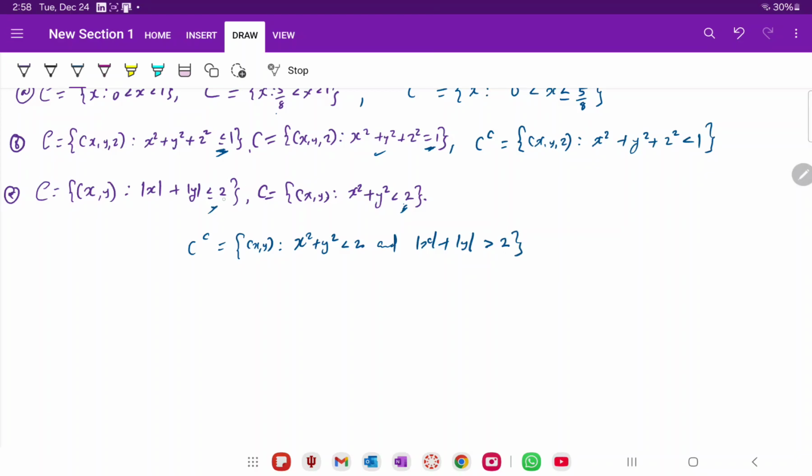So the point distance is greater than 2 here, and then the half part of this. So this means our complement is the region of the disc outside the diamond.